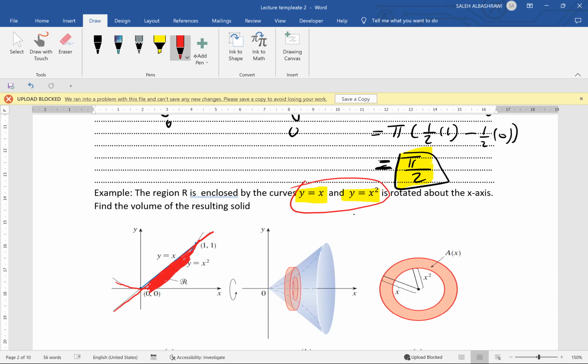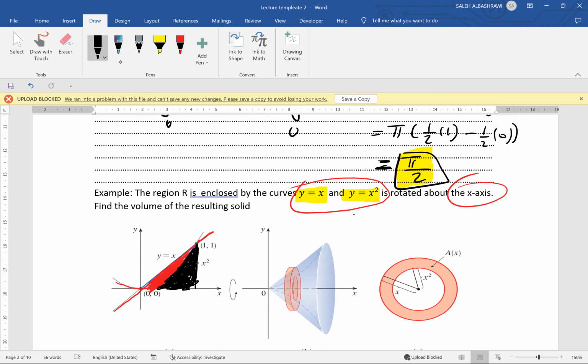Now if we rotate this about the x-axis, we have to be careful about this part. This part, which we show in black now, is not part of the solid. So we have a hole or some empty area in the rotation.